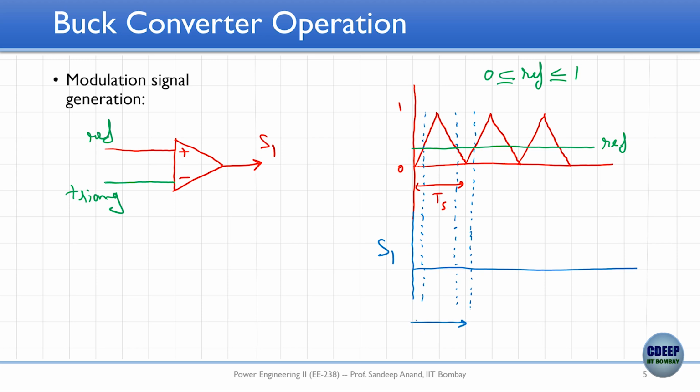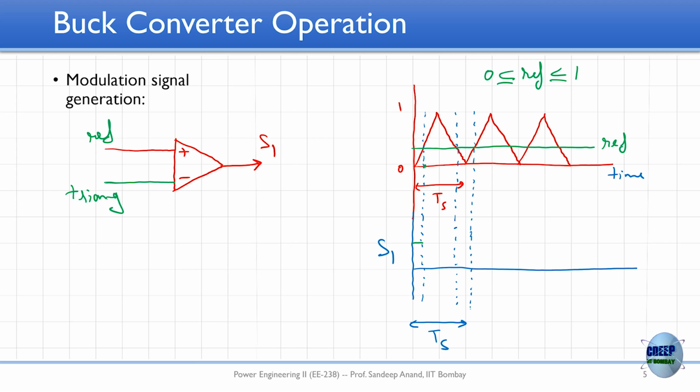Let's only focus on one period Ts. Everything would just keep repeating after that. So, at t equal to 0, the x-axis is time axis. At t equal to 0 plus, your S1 will be low or high? High, right?